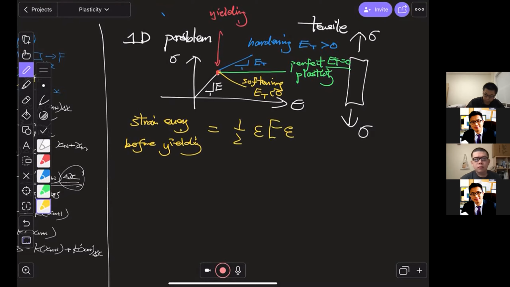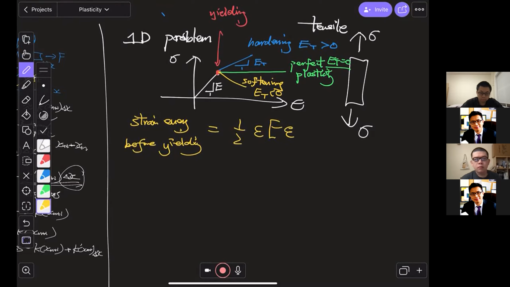After that, I do not store everything. I actually have dissipation, so I lose part of the energy. But if I have softening, not only do I store less energy, I actually lose energy from the dissipation that triggered the softening.